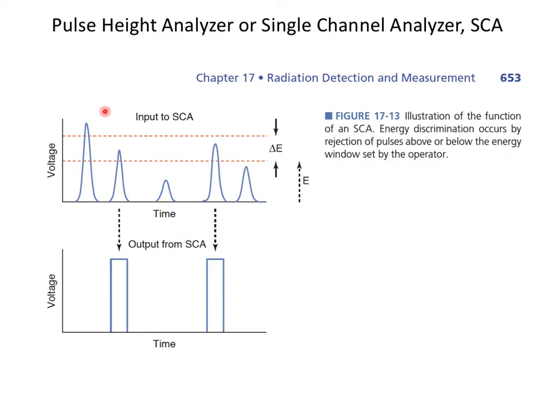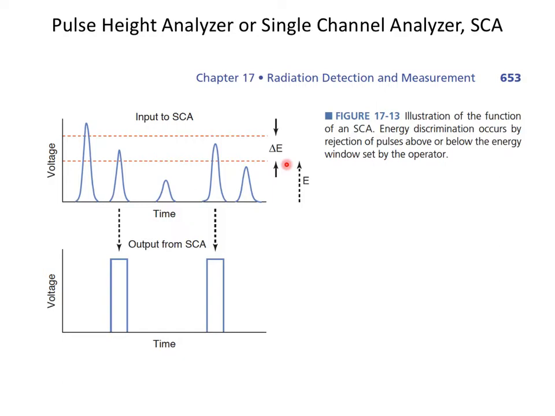And the other thing you can do with this is, if you have a large pulse out of your PMT versus a small pulse, it is proportional to the energy of the photon that hit the original detector, right? So if I only accept pulses of a certain amplitude out of my PMT as a positive hit, that's equivalent to taking photons of a specific energy.